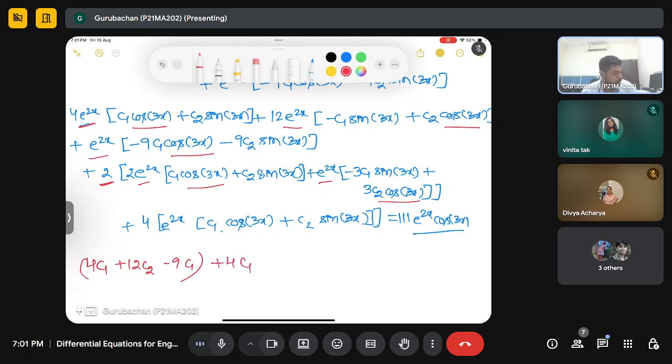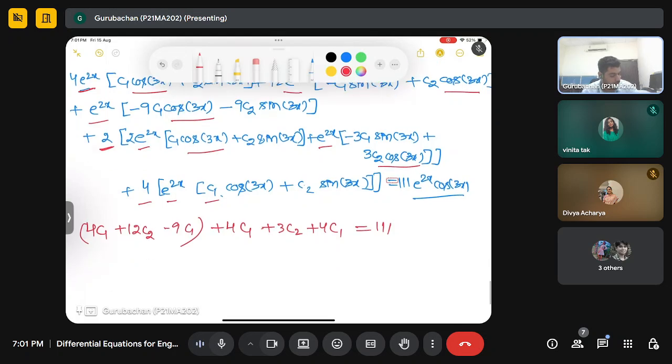Here this will give you 3 times C2, and this last one is 4 times C1. This will be 37, since it is the coefficient of e to the power 2x cos 3x. So if you observe, 12 plus this 3 is 15.